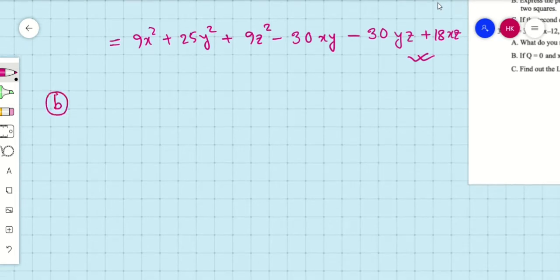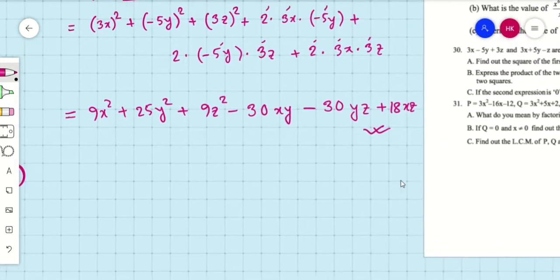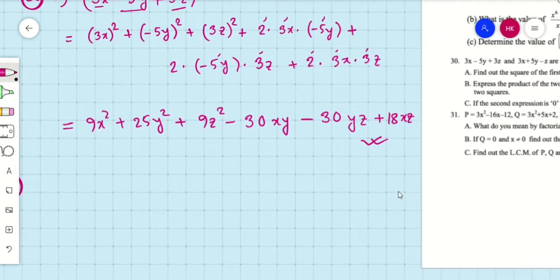Question number B. So we want to just write or copy the two expressions, 3x minus 5y plus 3z, and then we have to make the product with 3x plus 5y minus z.